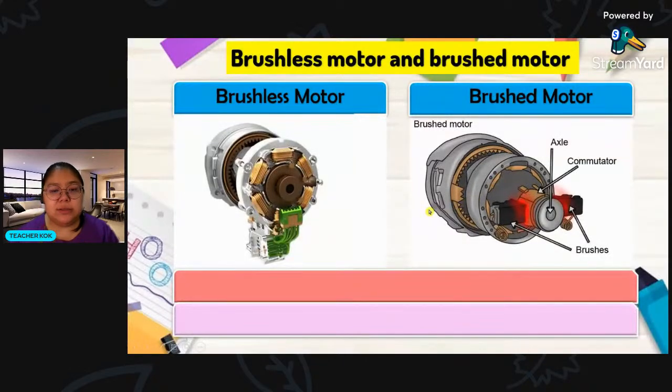Now we see what the similarities are for these two motors. Both have a magnet and a coil, because you want to use the concept of Fleming's left hand. So they sure have a magnet and a coil, because they need to rotate and cut the magnetic field. Number two, what should be the same?